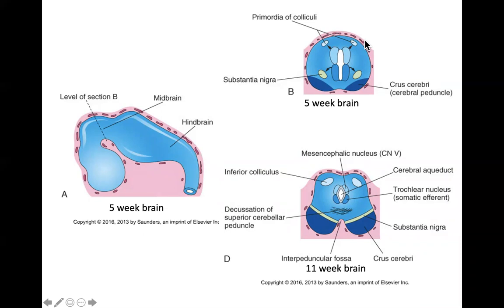And then we ended with the early development of the midbrain. So that leaves us with the forebrain. Let's tackle this guy. He is a beast. This is the most complicated biological structure known.